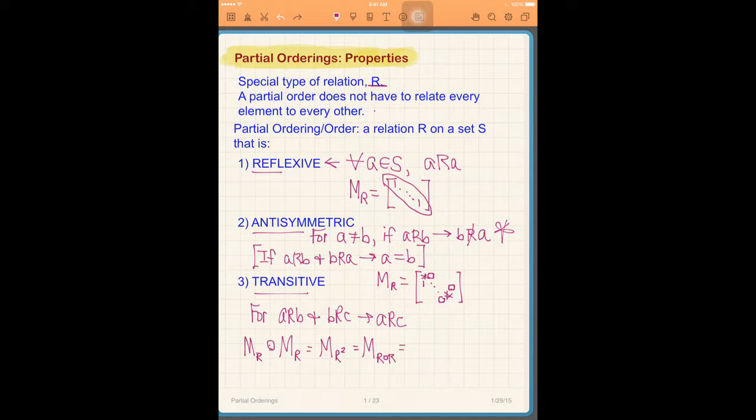And that needs to be less than or equal to the original connectivity matrix. So what that's saying is when you do the composition R of R, it will be a subset of your relation. So it'll remain in the relation, so that means it's going to be transitive. So those are the three properties that we will be checking for R to be a partial ordering.